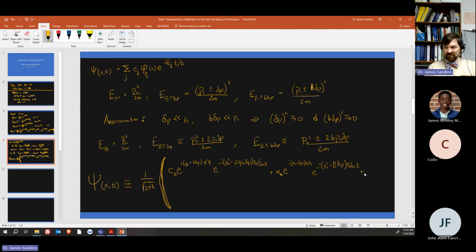Next term is blessedly short. Whether it fits on this line or not, I don't know. There we go. This is a T for time. This is an M and an h bar.